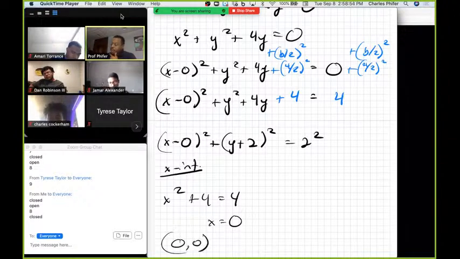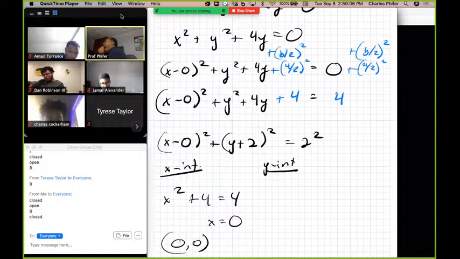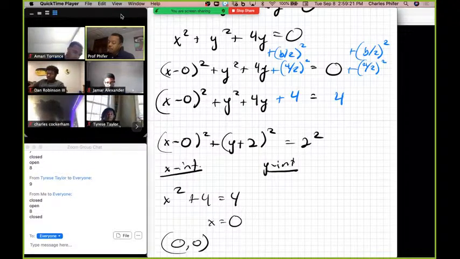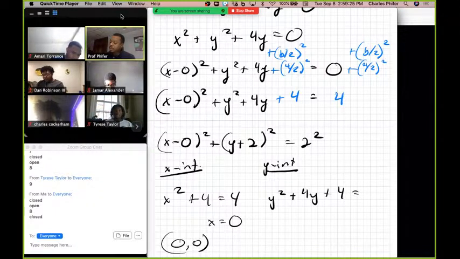Let's do the y-intercept really quickly. Set x equal to 0. If we set x to 0, we're going to have y squared plus 4y plus 4 equals 4, right?